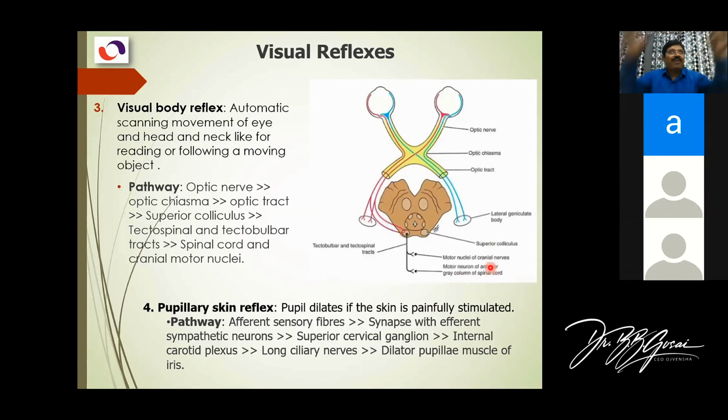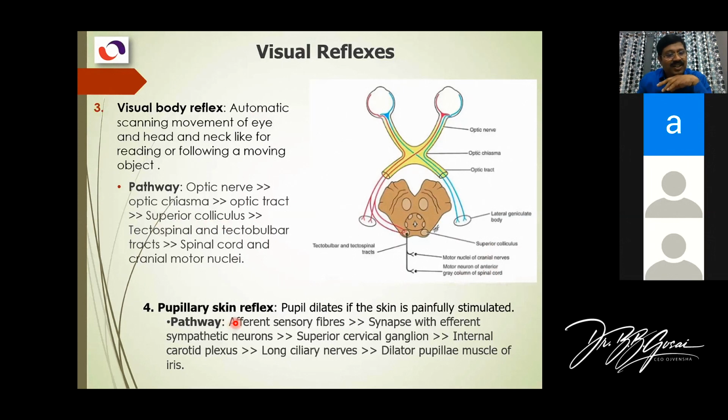So when you are following a moving object, your eyes move, your head and neck move, and your trunk moves. So this is the visual body reflex. And the center for the visual body reflex is the superior colliculus of the midbrain.